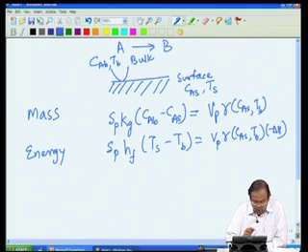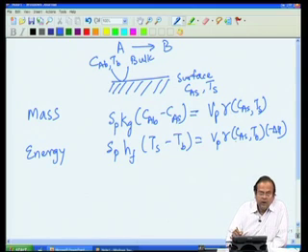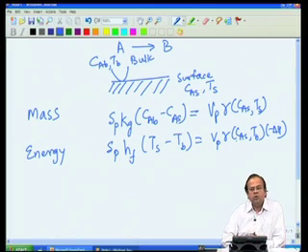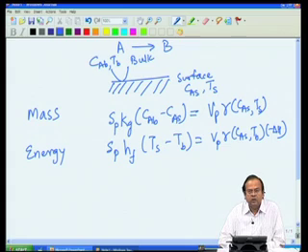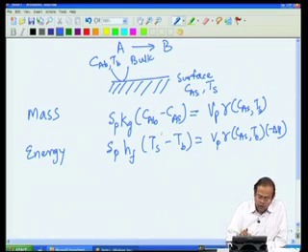So, what we have achieved is we have written mass and energy balances, and you will see similarity with our approach when we talked about mass and energy balance for internal diffusion, because the approach is the same, the physics is different, but the approach remains the same.